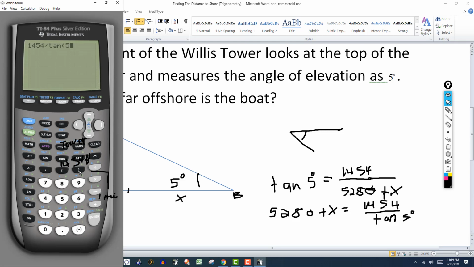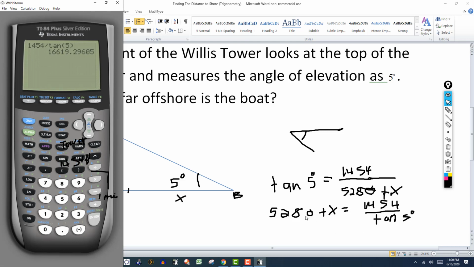I don't have to put the degree symbol because it's already in degrees. Then I divide and enter, and we get this. So this side right here is 16,619.296.